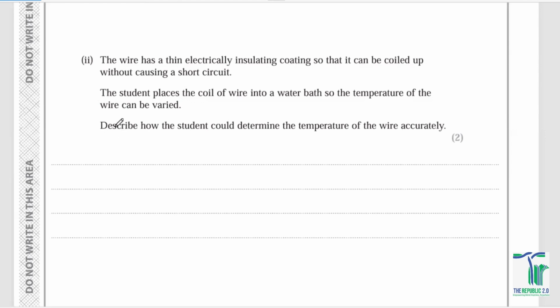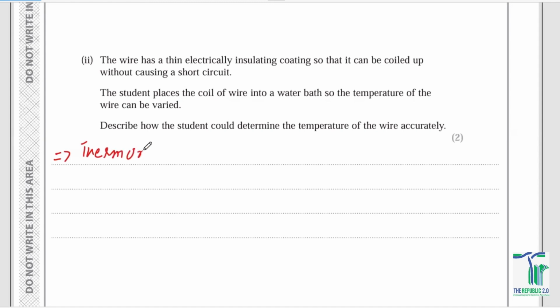So first of all, the first point is that he can use a thermometer, right? And with the help of the thermometer, he can dip it in the water. Secondly, he can stir the water, right?